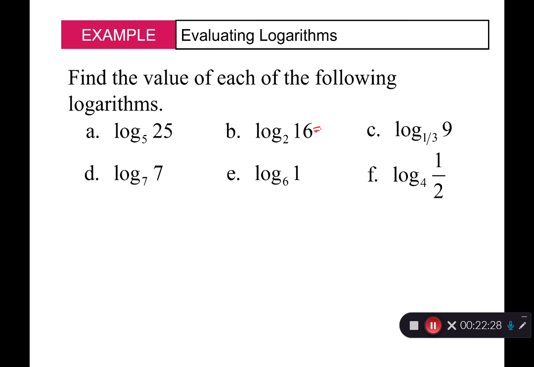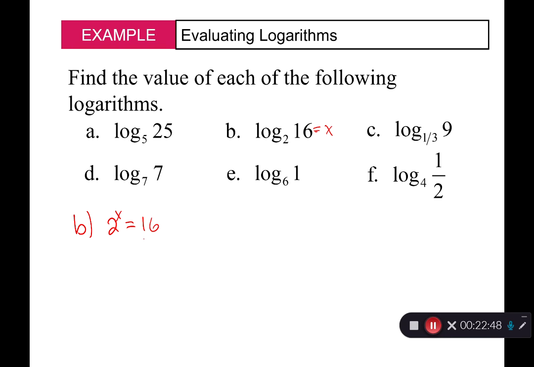So I'm going to take a look at B. And I'm just going to say log base 2 of 16 equals x. Now, if you know your powers of 2, that's one thing. If you don't know your powers of 2 and you're unsure of the result, I can convert to exponential form, which would be 2 to the x equals 16.